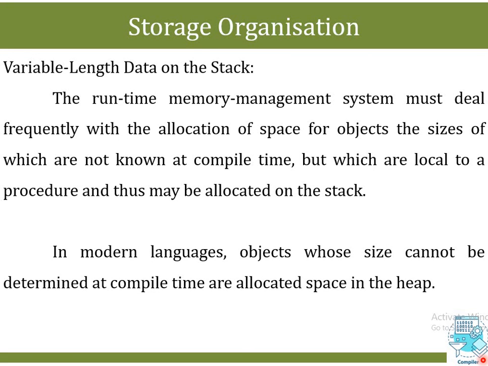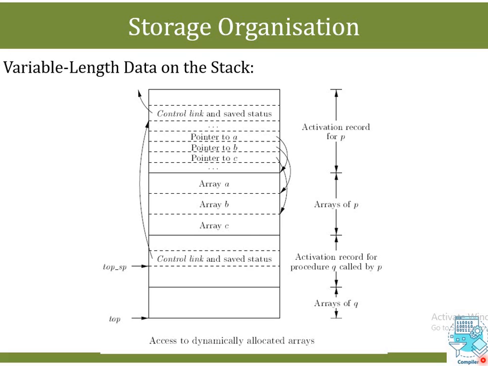Then, how are we going to have variable length data on the stack? What we can do is just have pointers. For example, in a procedure, you have a local variable called list. Assume that it is an array.